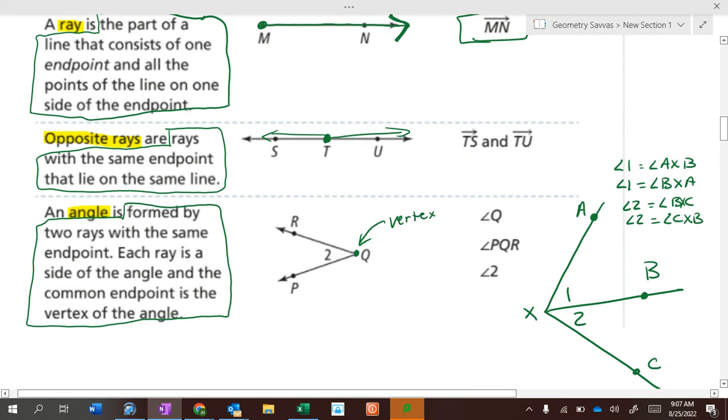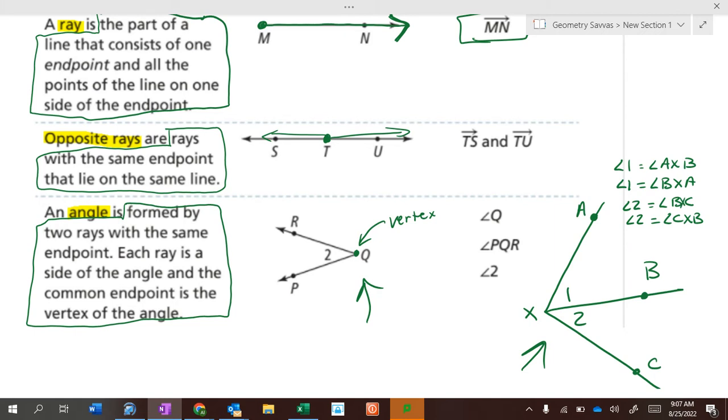Okay? Now, I could call this angle just angle Q. Why? Why can I call that angle Q, but I can't call one of these angles X? Because there's more than one angle there. There's not 2 angles, there's 3 angles there. There's AXB, BXC, and AXC.